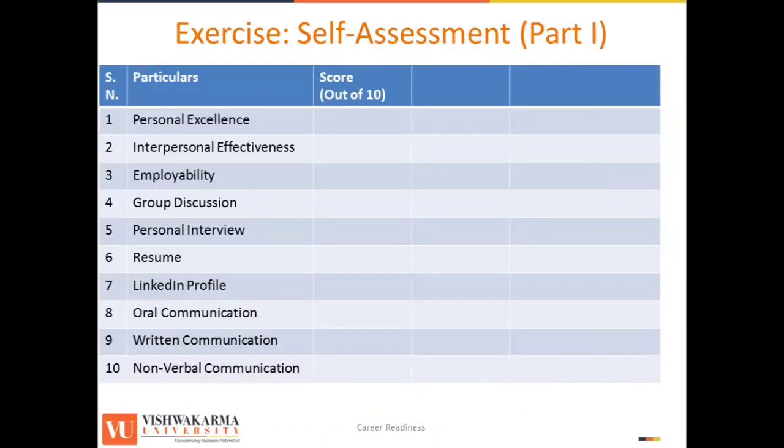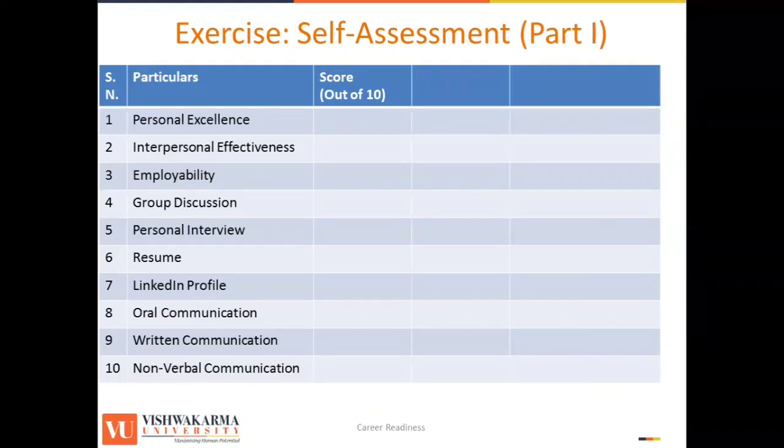To begin with, I would like you all to just do this assessment on a piece of paper. Could be a rough paper, need not be a diary. If you have a pen or pencil, just rate yourself on these 10 parameters based on your current understanding of what it means.